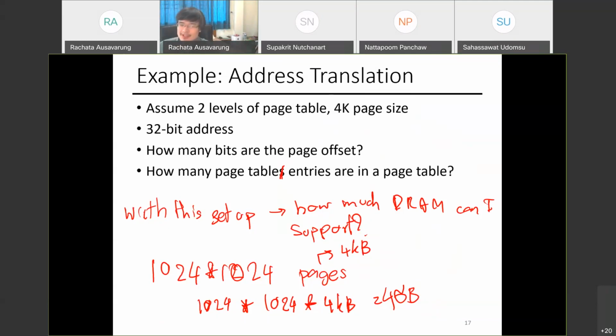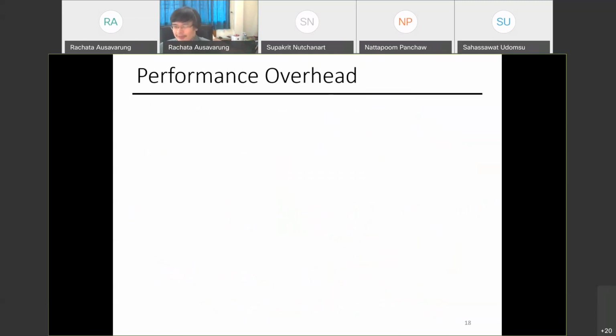With a 64-bit machine, we need to talk about the performance overhead. One thing you need to be aware of is the page table, the one that we look up, is in DRAM. And what do we learn about DRAM?